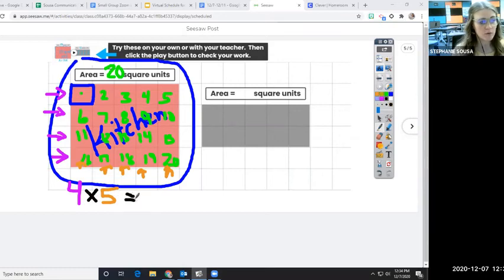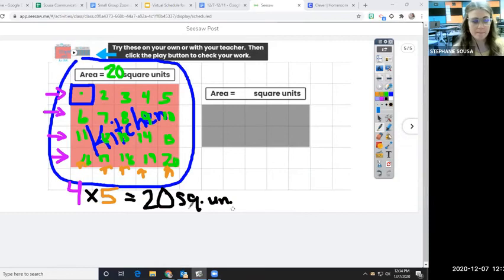So this would be an array of 4 times 5, or an area of 4 square units times 5 square units. So we would have an area of 20 square units. Okay? We would get the answer the same whether we counted each individual square or if we looked at the multiplication equation that matches the area.